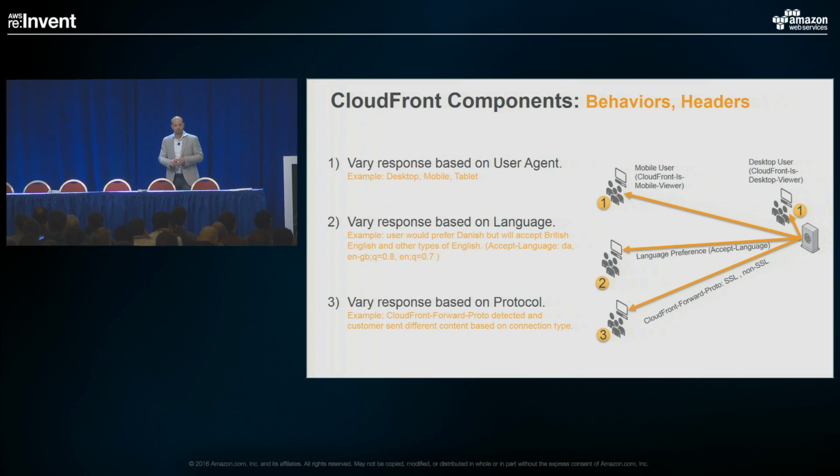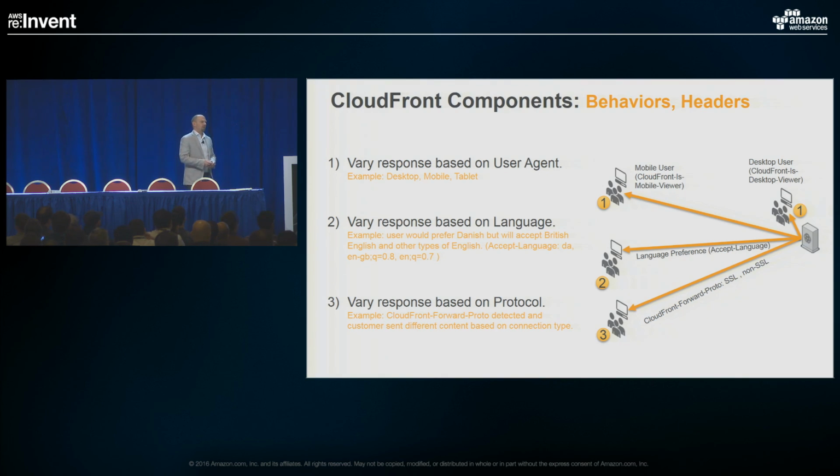If we detect that it is a mobile viewer, we'll set that header and send it out to the origin. Your origin will already be configured to respond differently. So in that case, smaller objects are going to go to the mobile device, and the larger objects are going to go to the OTT device.